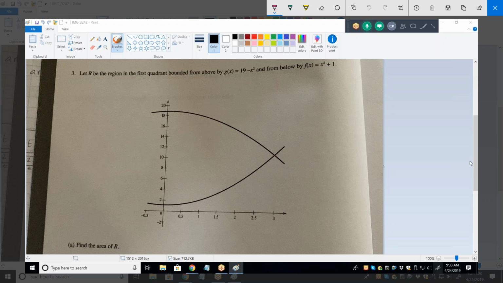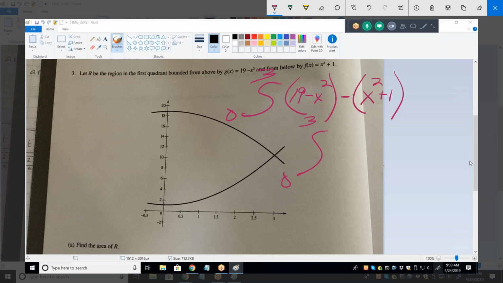The top curve is 19 minus x squared, and the bottom curve is x squared plus 1, so it would be the integral from 0 to 3 of 19 minus x squared minus x squared plus 1.